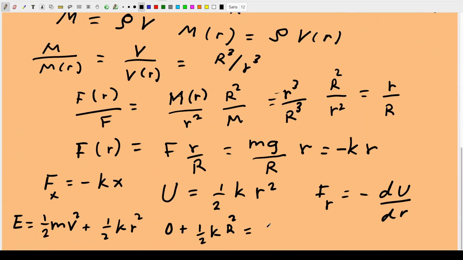So then we have 1/2 m v squared plus 0. And this, then we can solve the problem.